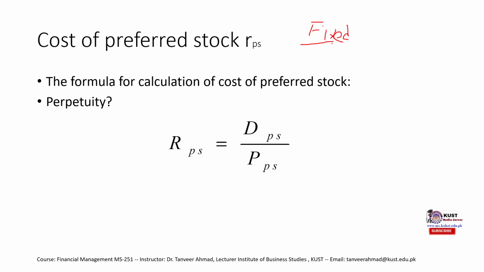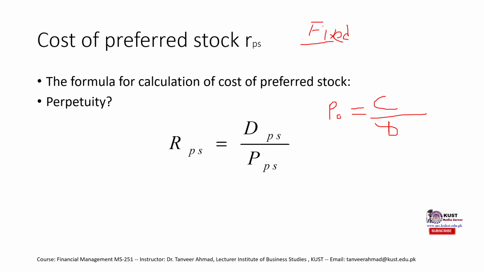So if you remember from the time value of money chapter, how do we calculate the present value of a perpetuity? It was C divided by R, the interest rate, the cost of capital, and that would give us the present value.